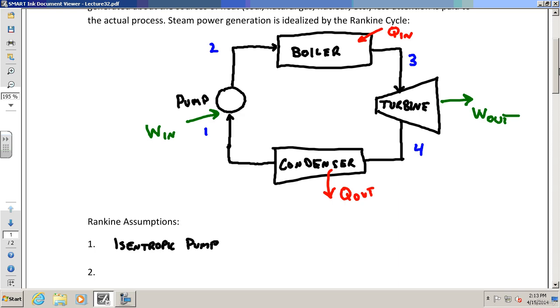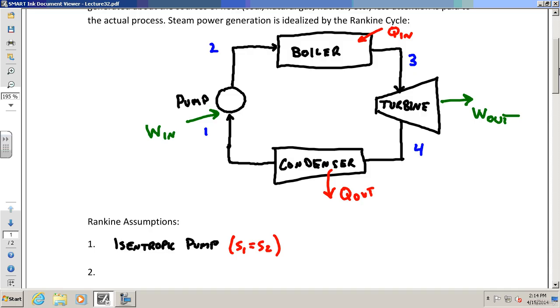When I say the word isentropic, I hope the first thing that pops into your mind is constant entropy. Looking at this diagram, isn't that suggesting S1 equals S2? That would be correct.